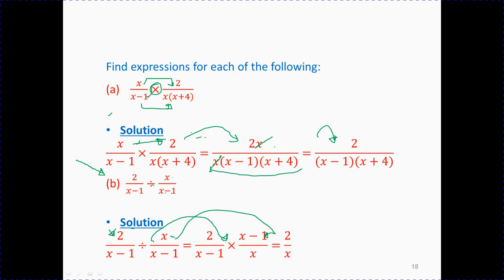So this will be 2 over x minus 1 multiplied by x minus 1 over x. Note that I have x minus 1 in the numerator and x minus 1 in the denominator. You can cancel or reduce these. Then finally, the final answer will be 2 over x.